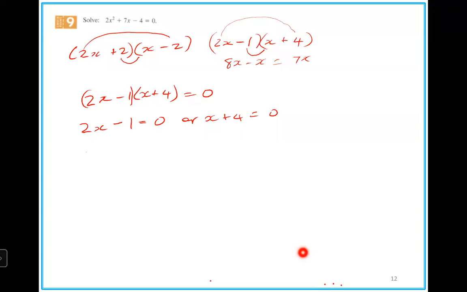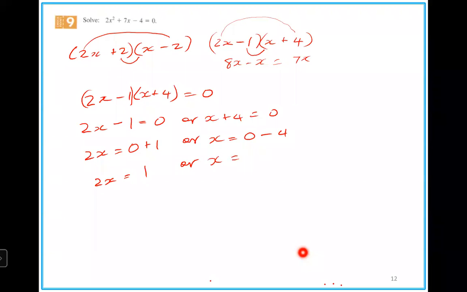Now you're going to say 2x equals 0 plus 1, when you move the 1 over it becomes positive, or x equals 0 minus 4.